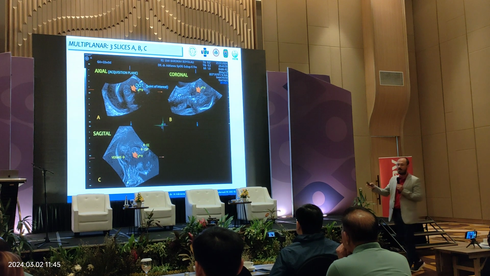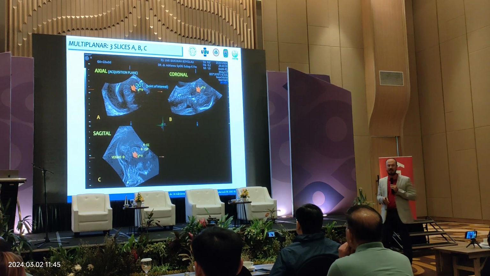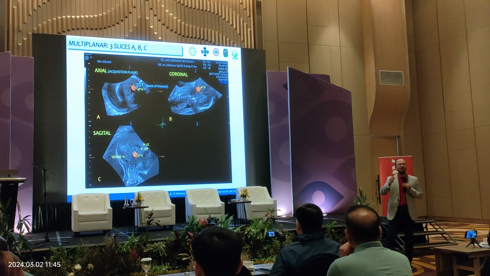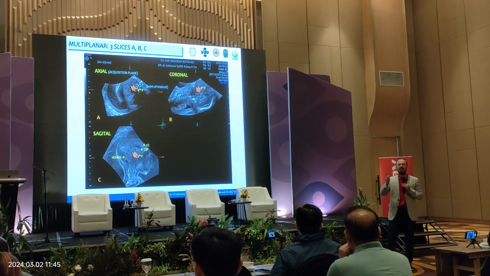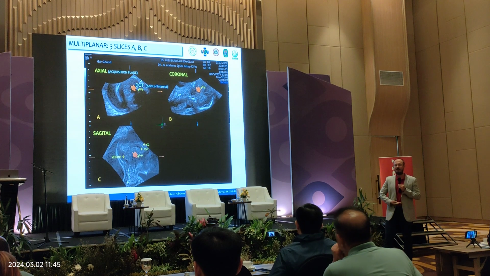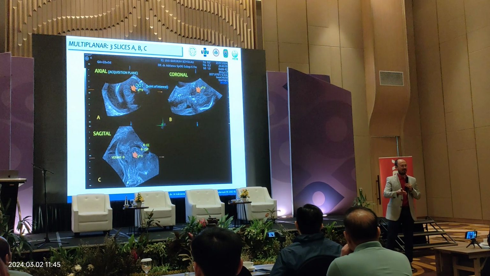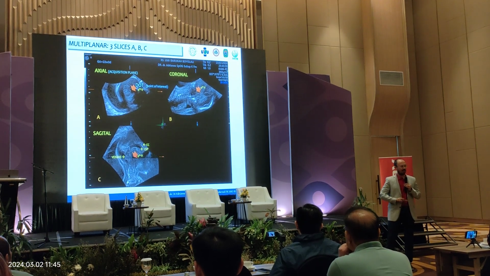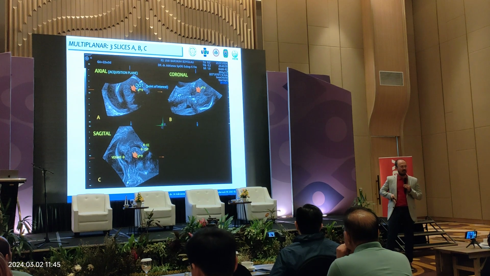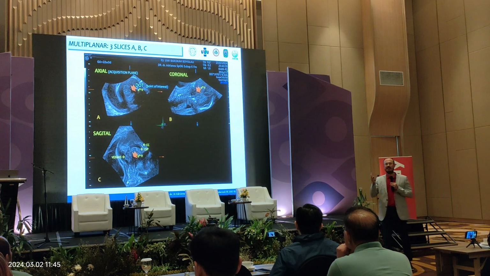Yesterday, I told you how hard it is to find the sagittal plane when doing transabdominal sonography, because the position of the fetal head, whether cephalic presentation, breech presentation, or transverse lie, often means we can only cut very clearly in the axial plane.